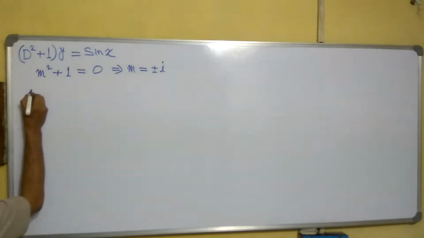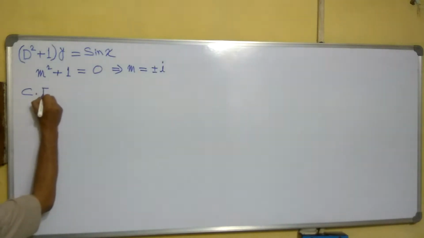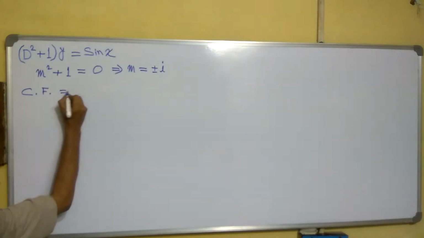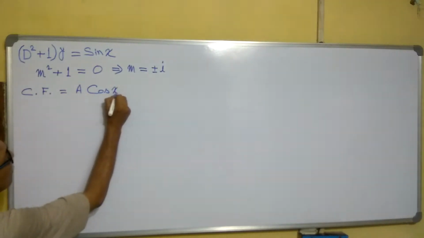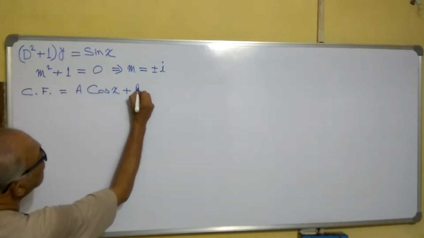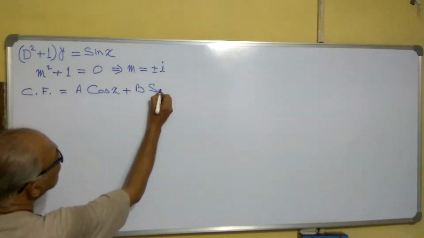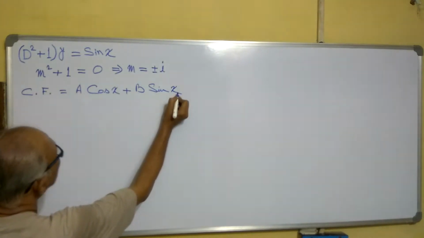Here the complementary function will be a cos x plus b sin x. This you already know.